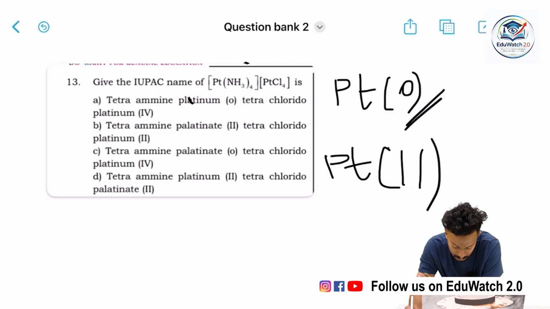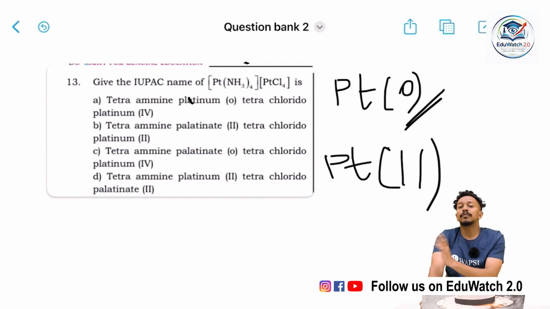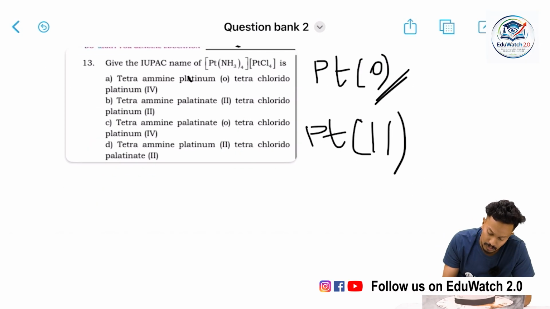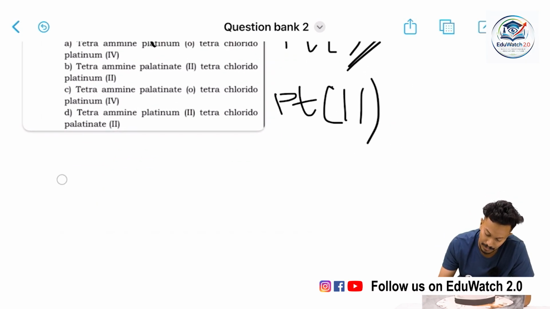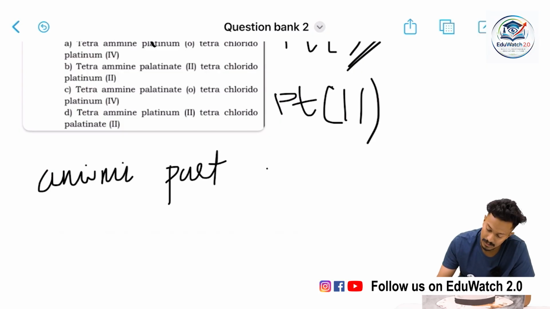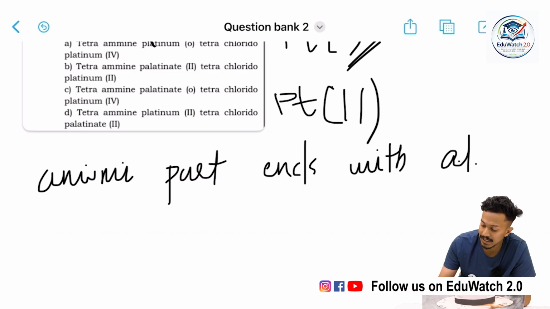Okay. So the question is, the anionic part of this compound ends with ate, right? You studied in IUPAC, the anionic part ends with ate.